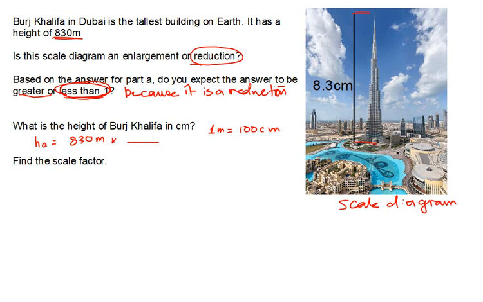We want to end up with centimeters, so we have 100 centimeters on top and 1 meter on the bottom. Pretty much we're multiplying by 100 here. So when you multiply by 100, you end up with 83,000 centimeters.